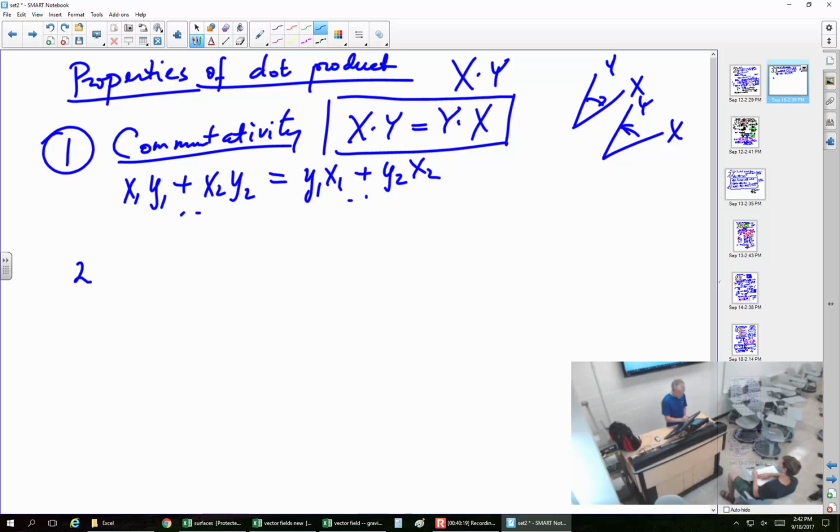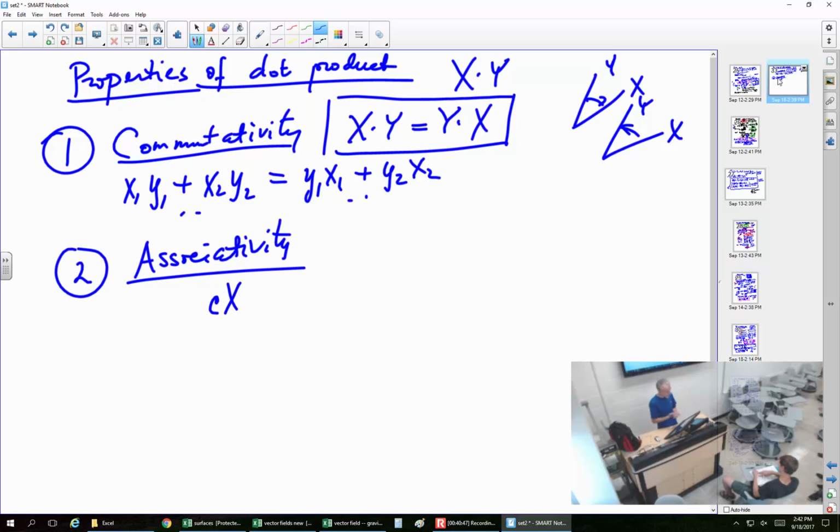Well, and then there is, let's say, associativity. When you combine more than one operation, does the order matter? It's actually associativity of scalar multiplication. Let's say cx.